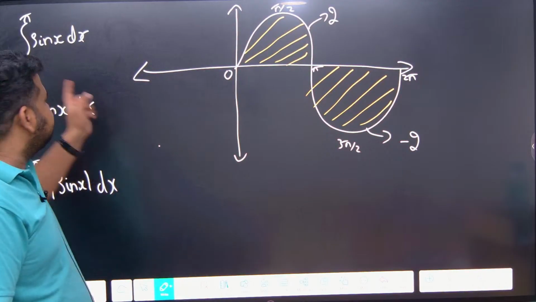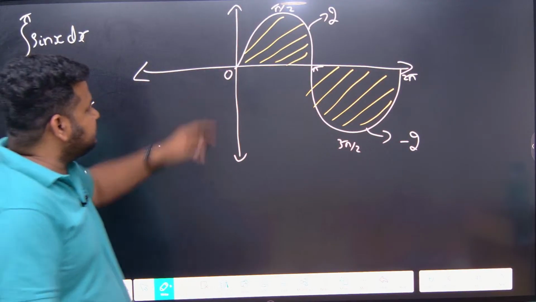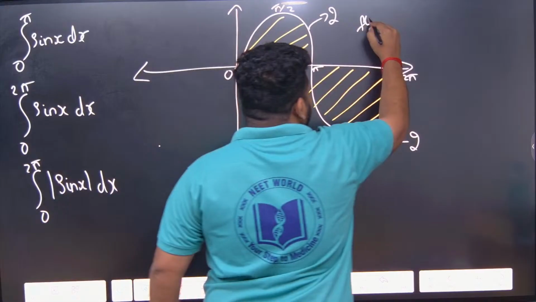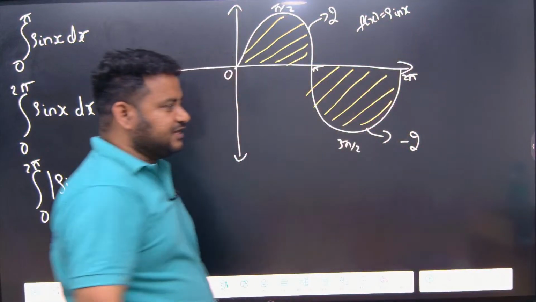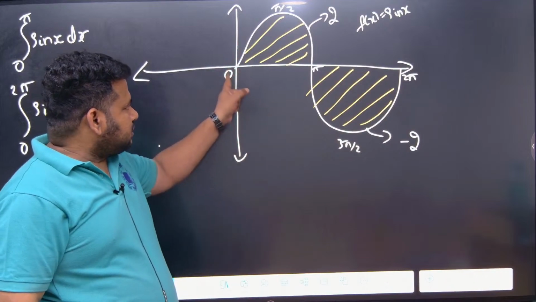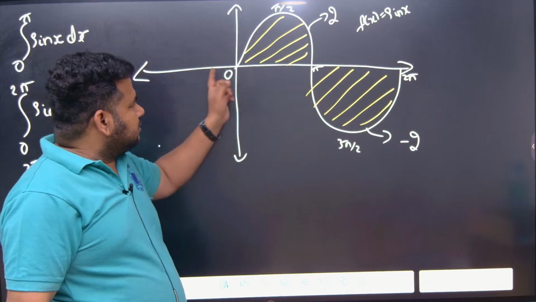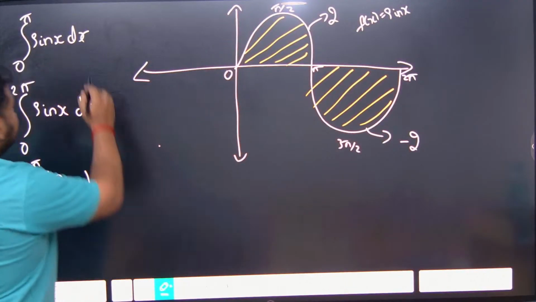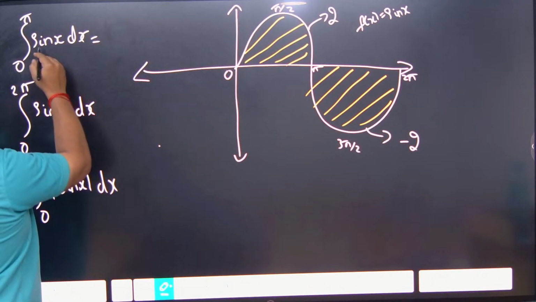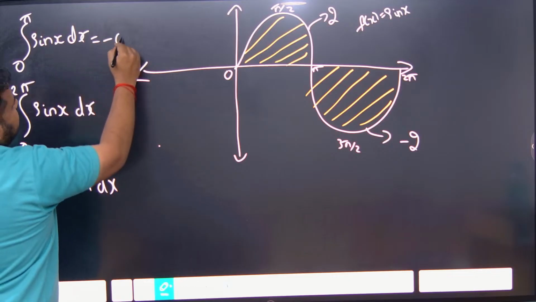If I say integral 0 to pi of sin x dx, here f of x is equal to sin x, or sin theta, anything like that. So here, 0 to pi, sin x dx, what is the value we are getting? 2. Let us find out by integration too. Integral of sin x is minus cos x.